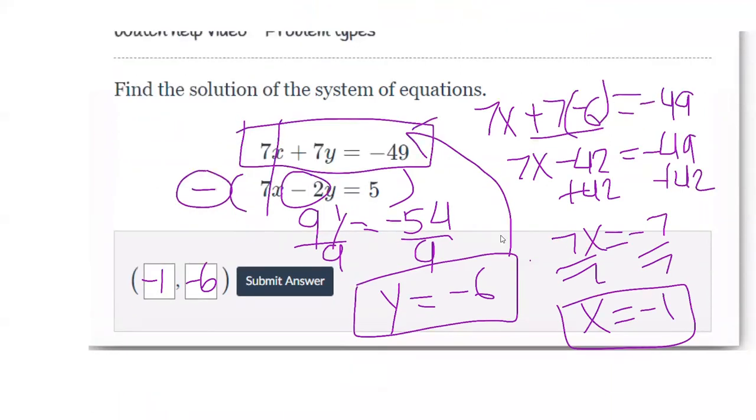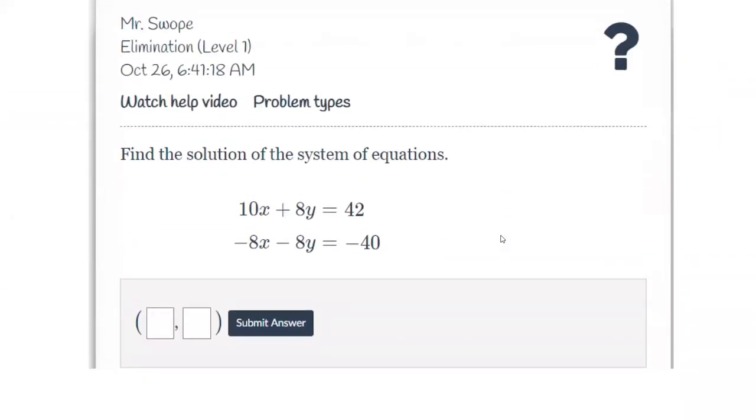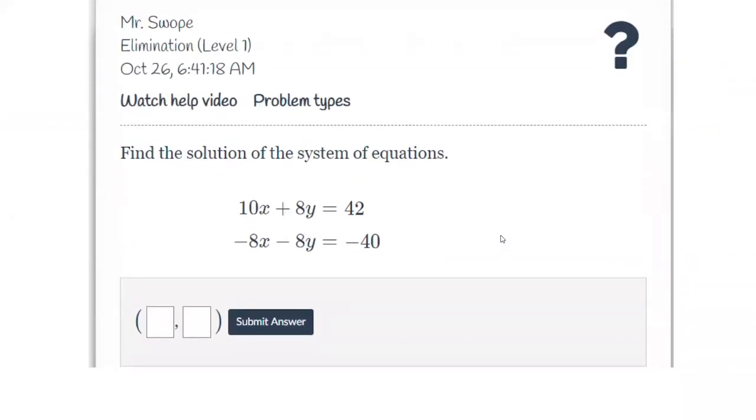Let's look at our second example. The first thing we want to look at is our coefficients. Do we have any of the same numbers, or the same numbers but opposites of each other? If you look at our x's, we have a 10 and a negative 8. That's not going to work for at least what we know so far. But if you look at the y, you have a plus 8y and a minus 8y.